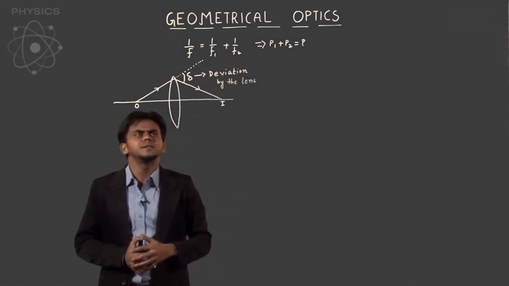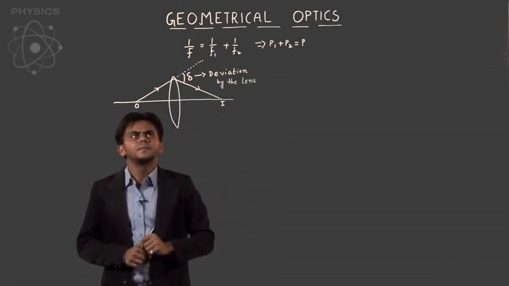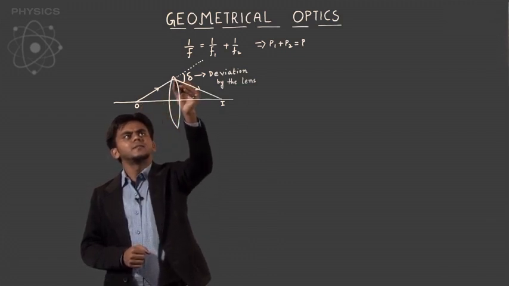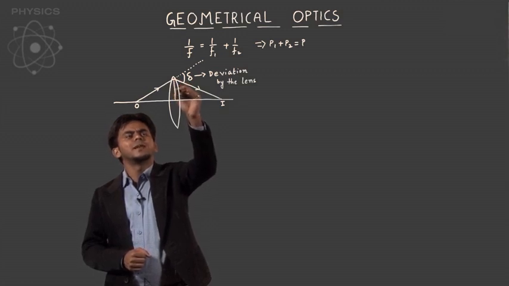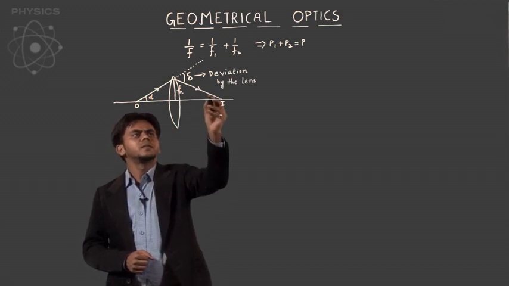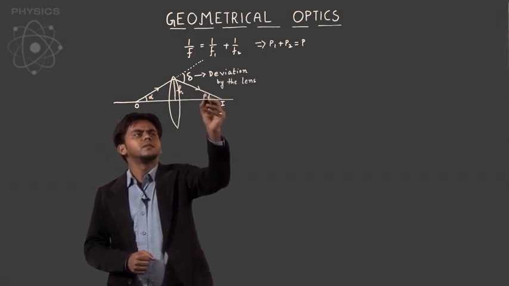It's actually very easy. Let's say this ray intersected H above the principal axis. Let this angle be alpha, this angle be beta.